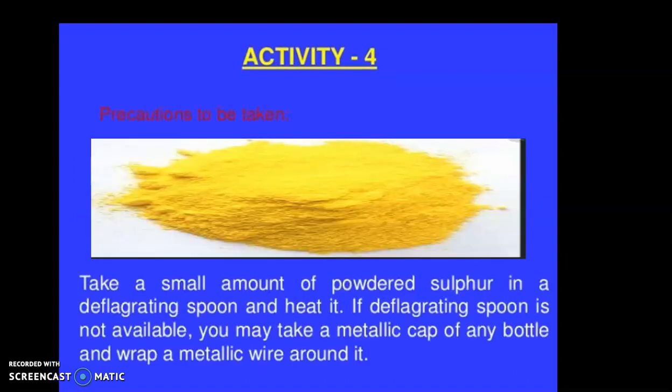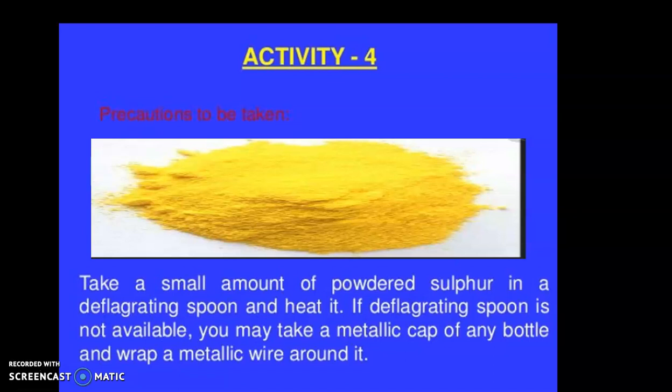The next activity is with the non-metals. I have already given you examples of non-metals. One of them is sulfur. This is how sulfur looks. If you had been in school, we would have done this experiment. Take a small amount of powdered sulfur in a deflagrating spoon and heat it.